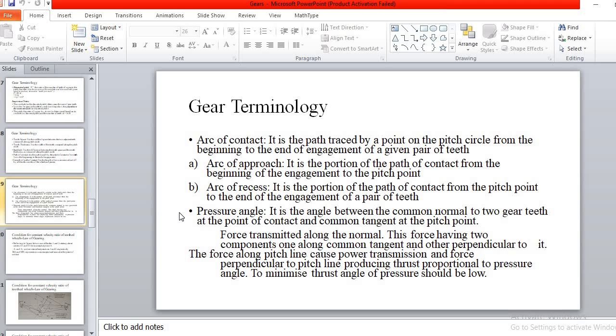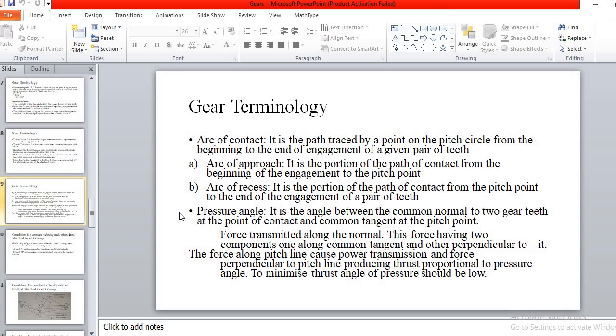As we move further, we will go into detail on what the common normal and the common tangent at the pitch point are.